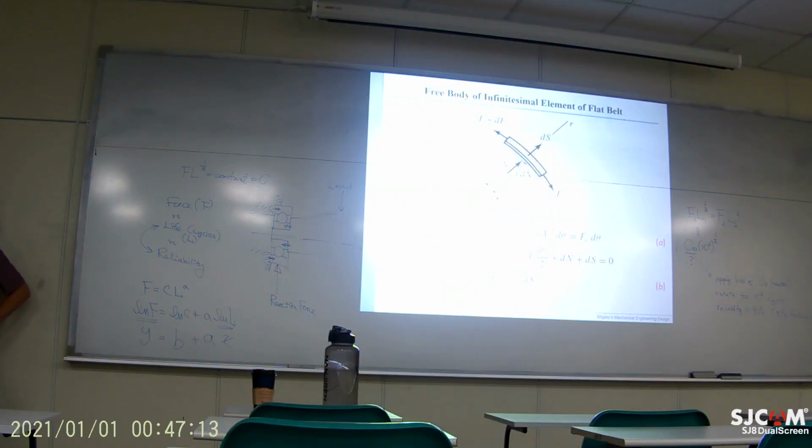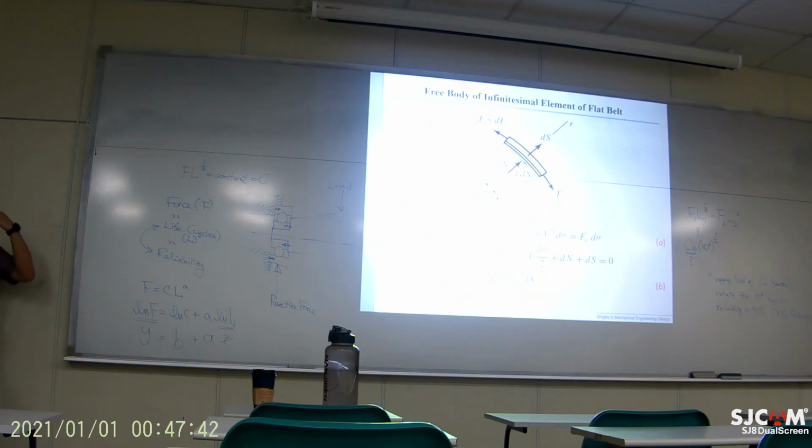So what's important about the belt is to study the force inside the belt. Why is it important? Because the tension on both sides of the belt is different. When you have different tension on both sides, there is a delta F, a force difference.